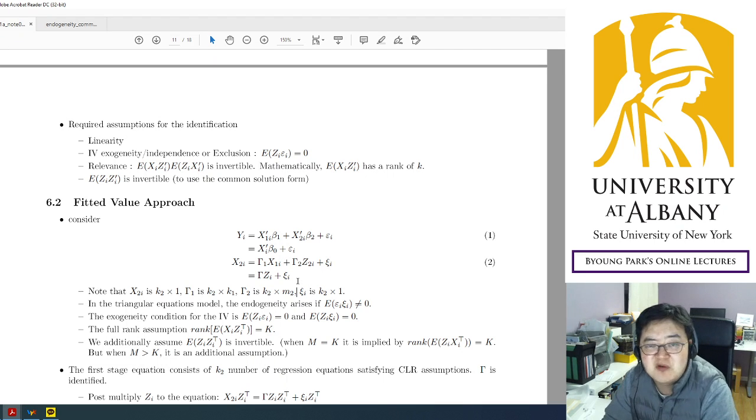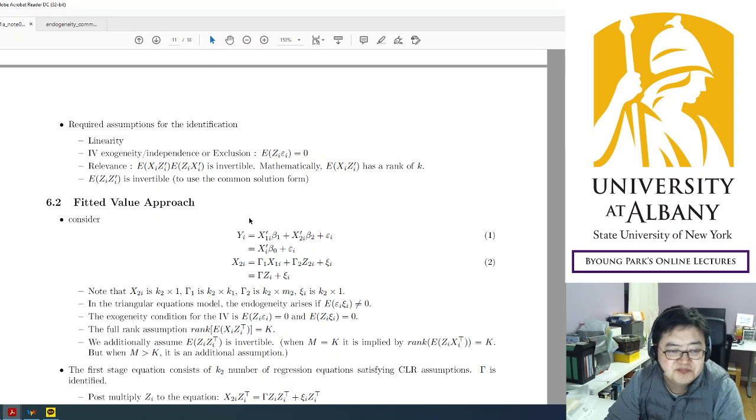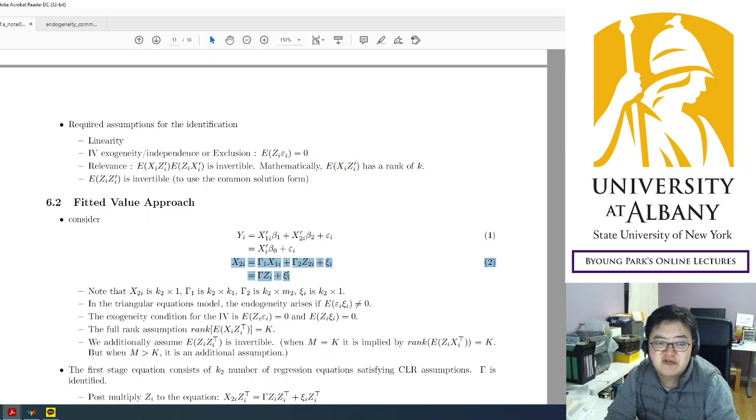The problem here is, by the way, remember the equation for y is the second stage equation, even though it's numbered as 1, and even though it's the first equation you see. It is the second stage equation because x2 is determined first, and then y is determined later. Or in estimation, you have to estimate this equation first, and then you estimate this equation later.